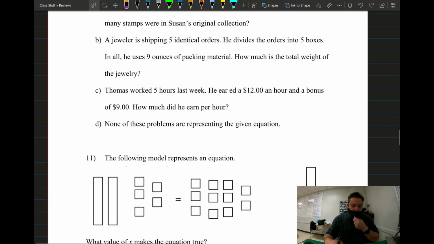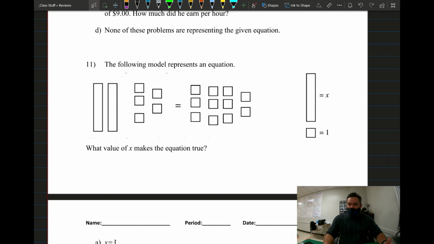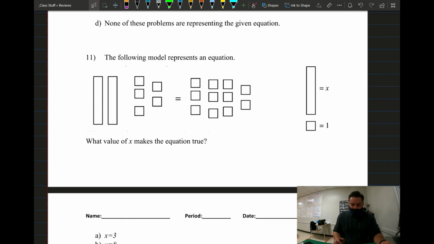Now number 11, this is something that we don't see a lot. Maybe because I don't like modeling, I think it's unnecessary, but we still have to know how to do it because of testing scenarios. So number 11 says the rectangles represent x and the square represents a positive 1.